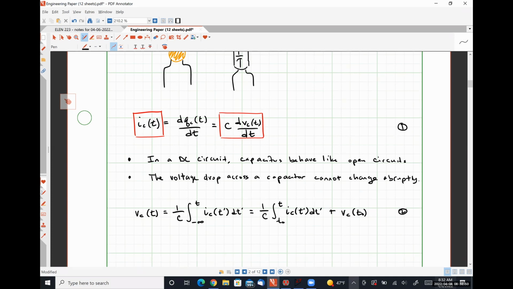This is equation number 2. Again, it is exactly the same as we observe for inductors, except that we've swapped the I's and the V's and we've replaced all of the L's with C's.